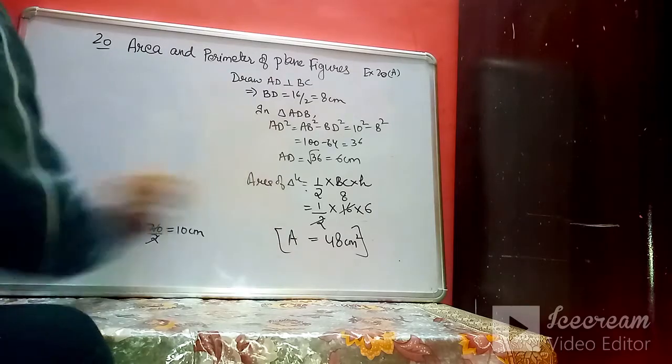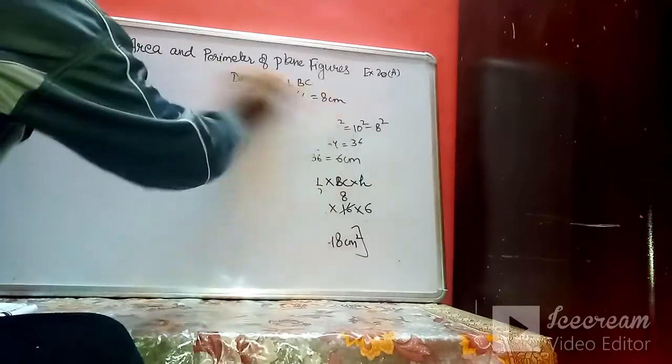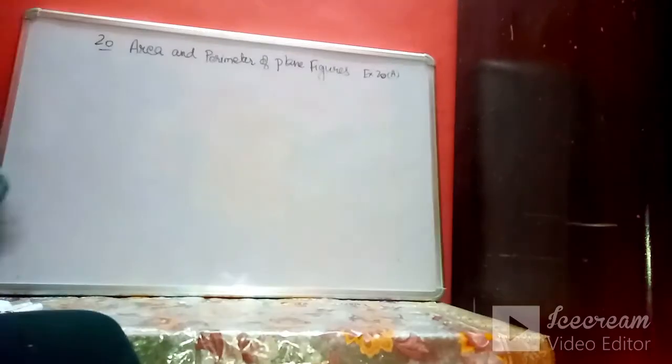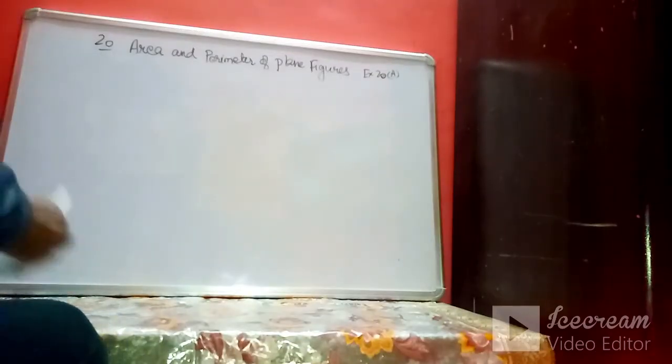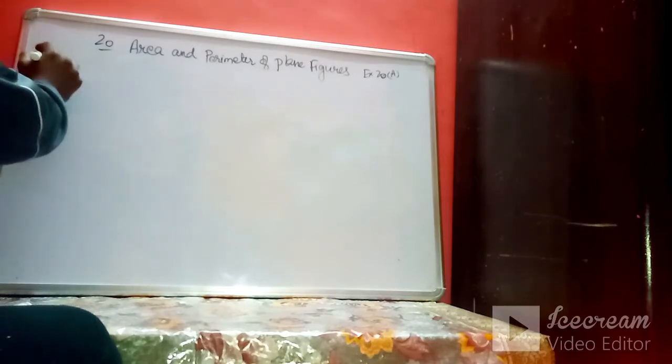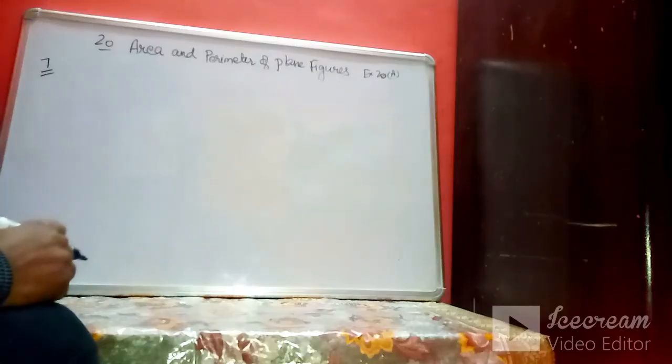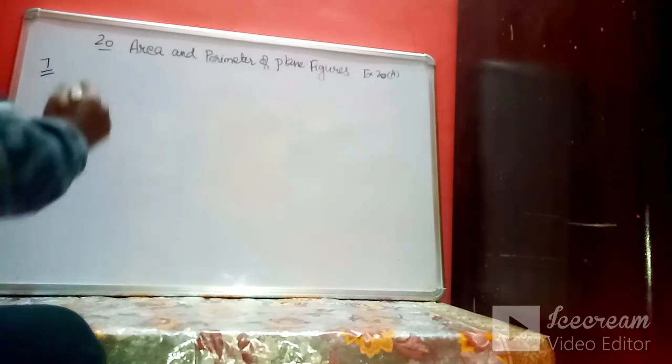Then in question number 7, the given figure shows a right angle triangle ABC and equilateral triangle BCD.